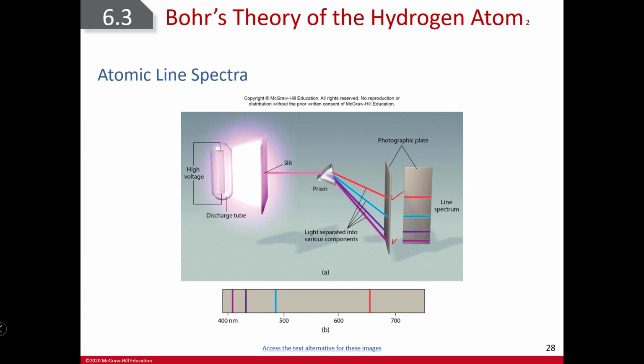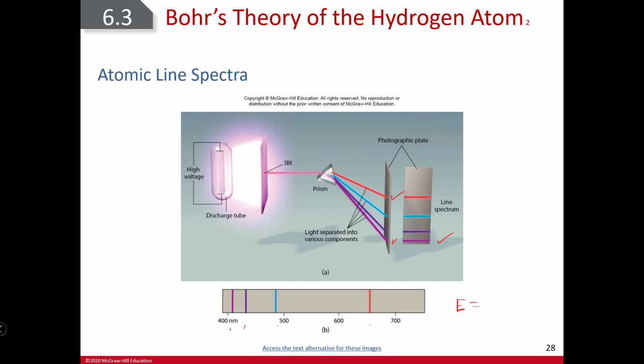And then we have a photographic plate to collect the line spectrum. All right. So when we heat hydrogen up, we get this line spectrum. We don't get a rainbow of colors. We get distinctive wavelengths. And remember, these distinctive wavelengths represent certain energy transitions.